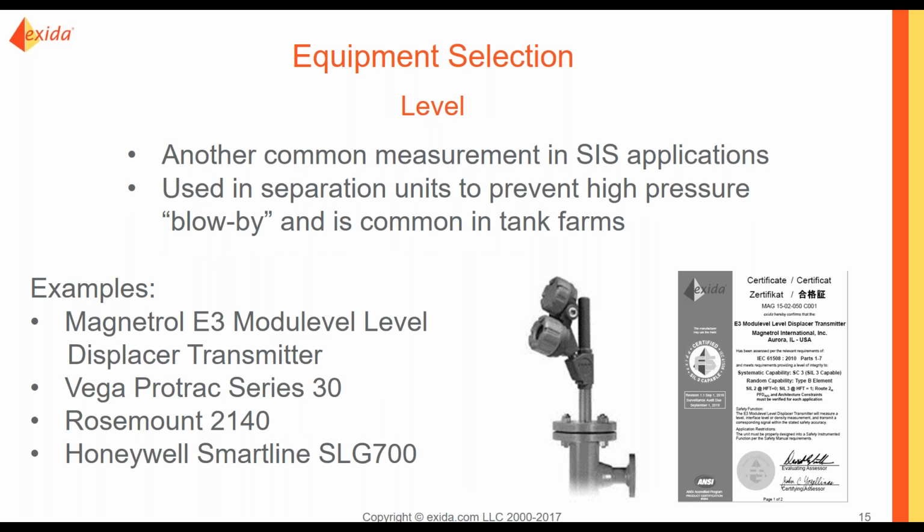Level is another common piece of equipment in SIS applications. It is used in separation units to prevent high pressure or blow-by and is common in tank farms. There are a number of different technologies used to measure level.